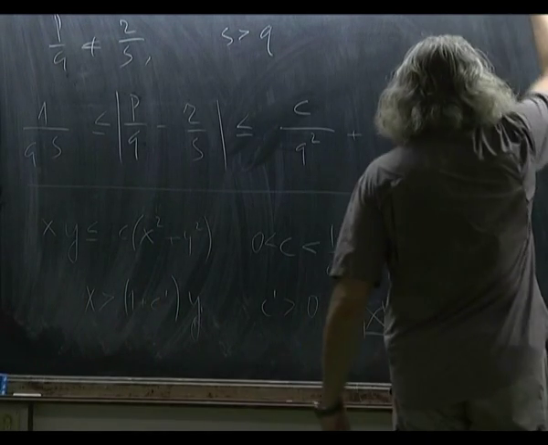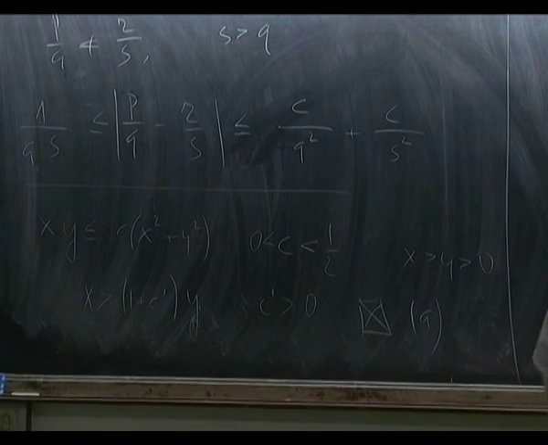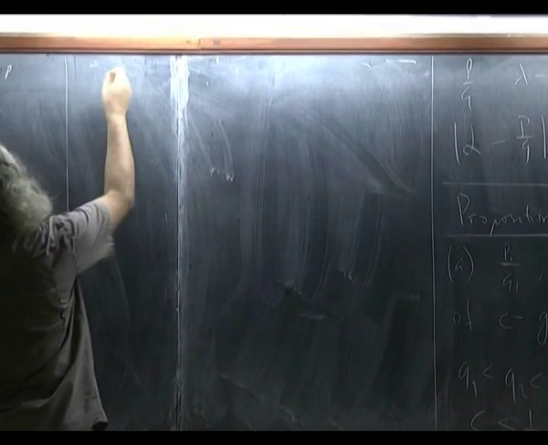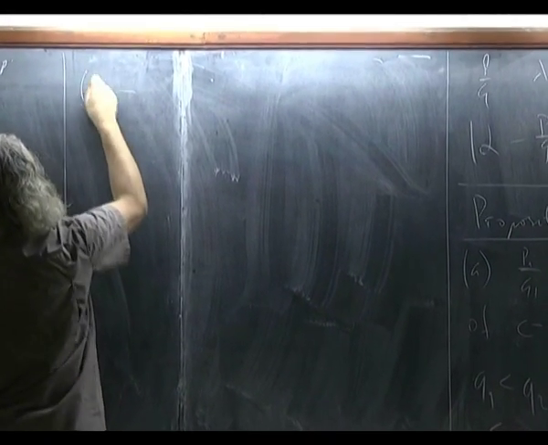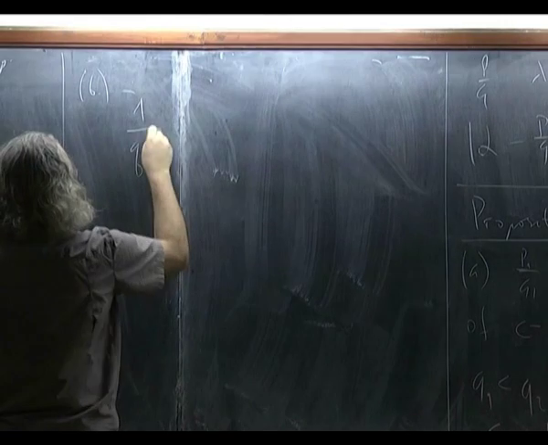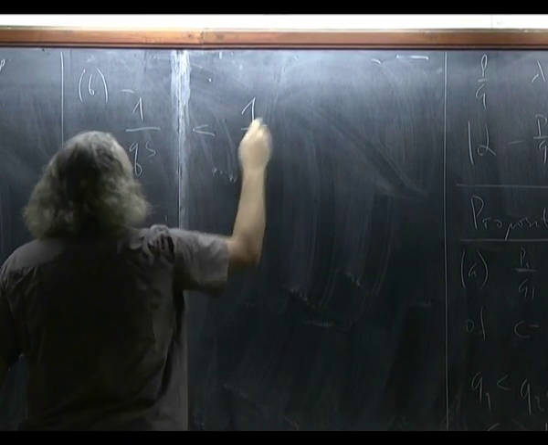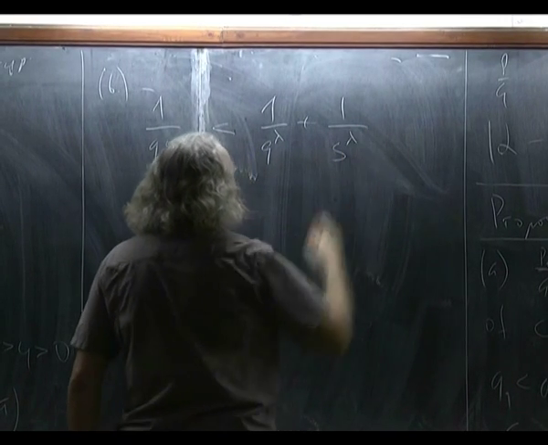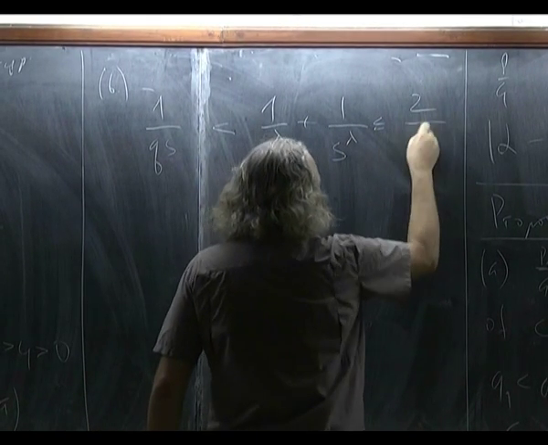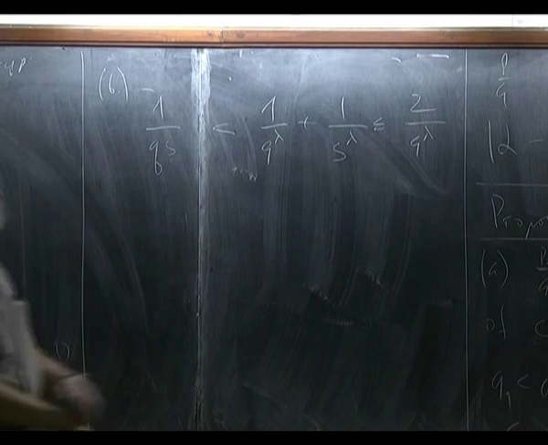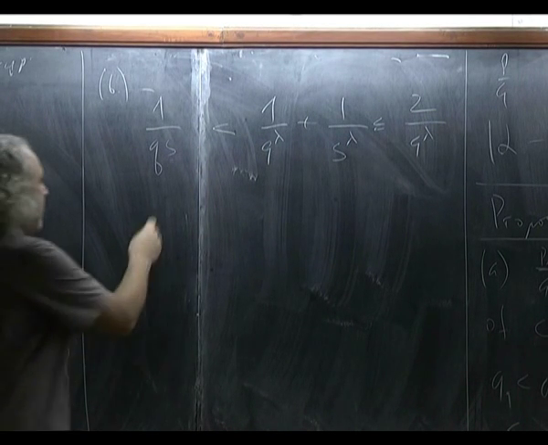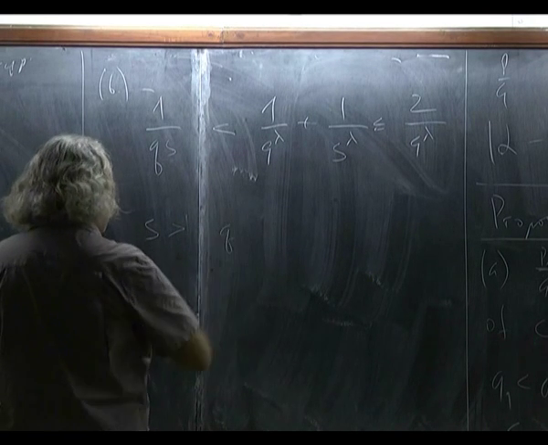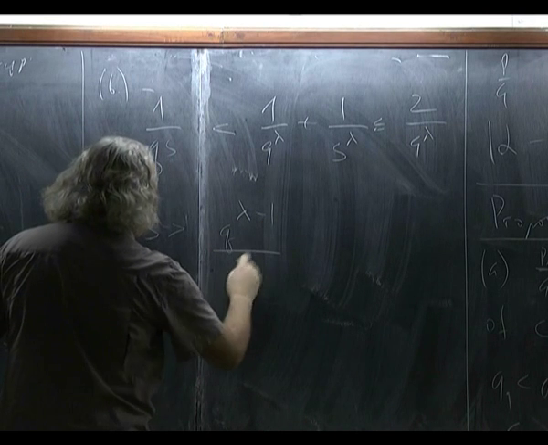Now part B is even simpler, because we have 1 over Qs is smaller than 1 over Q lambda plus 1 over S lambda, and so it is smaller than 2 over Q lambda, which means that S is bigger than Q to the power lambda minus 1 over 2.